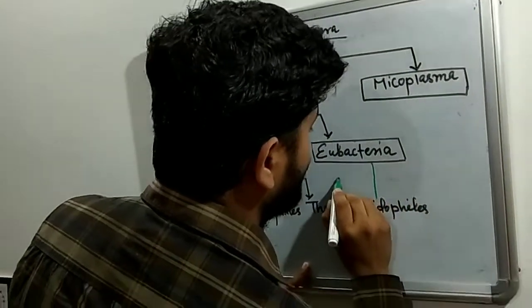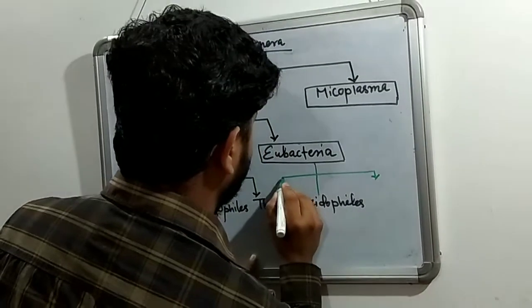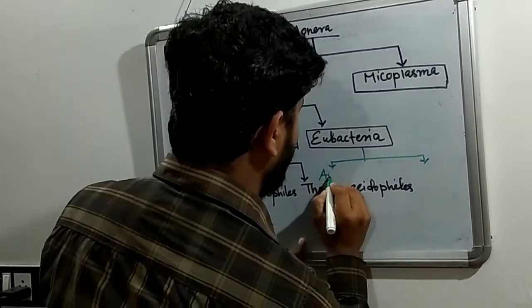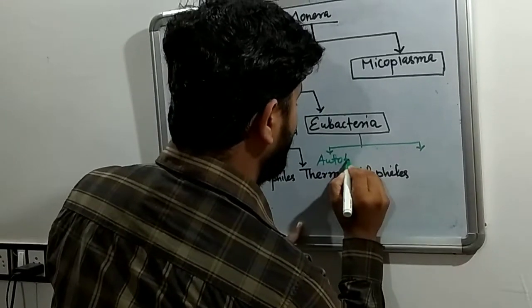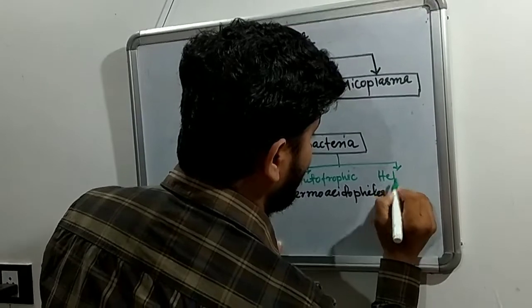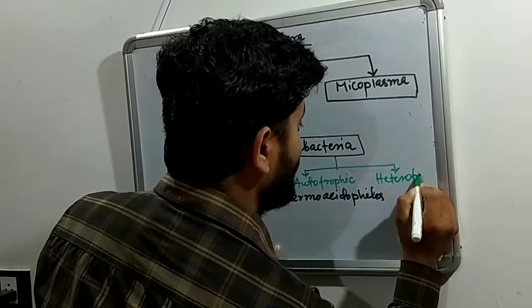Basically there are 2 types of Eubacteria: autotrophic and heterotrophic.